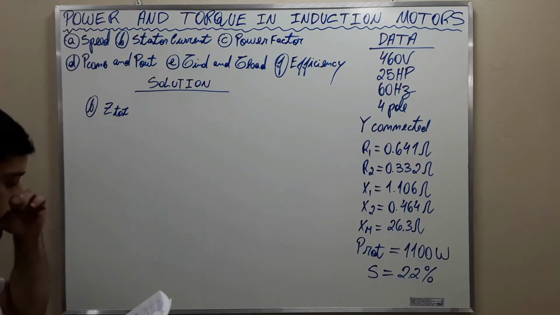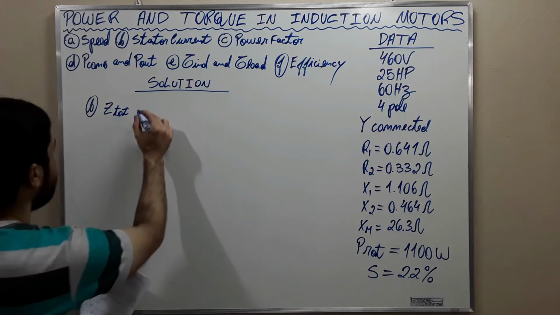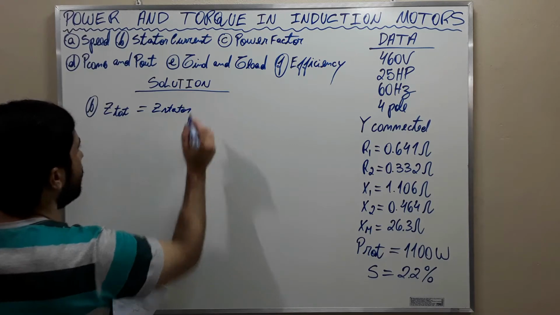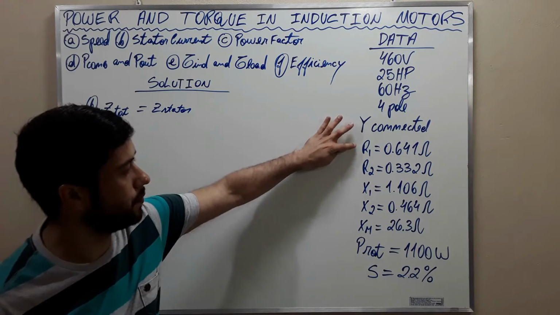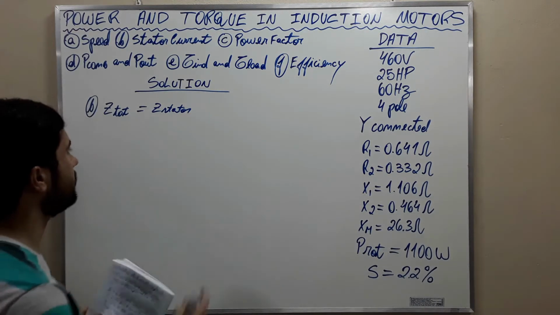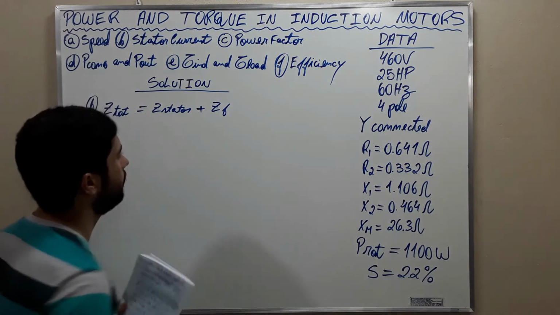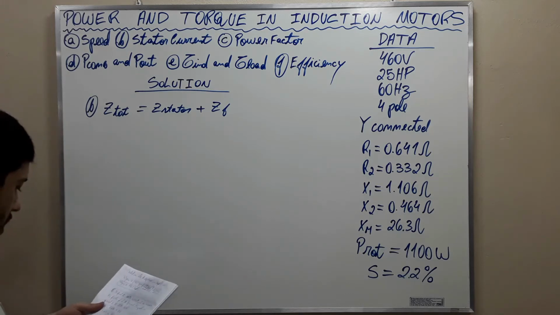The equivalent impedance referred to the stator side total is going to be the series impedance of the stator R1 and X1 plus ZF, where ZF is the combined magnetization plus rotor impedance. So let's calculate it.